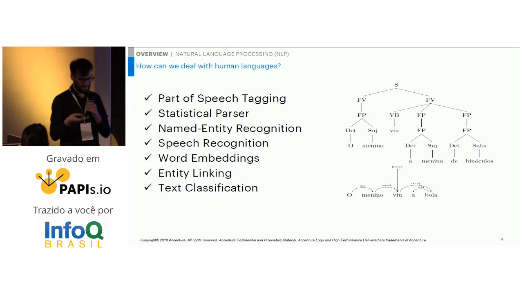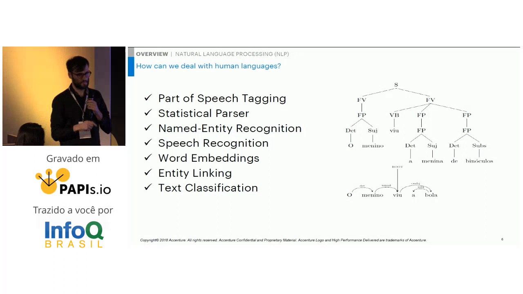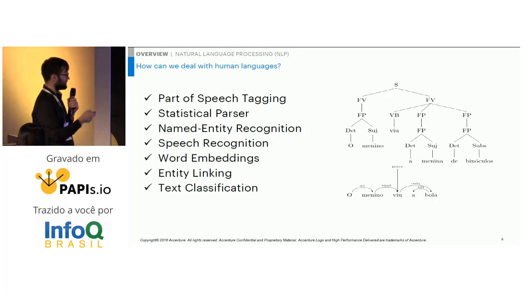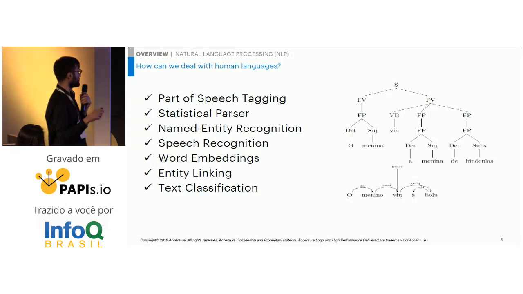You want to differentiate between São Paulo, the city, and São Paulo, the football club. If you want to do that, named entity recognition is probably what you want. So you can use features extracted from these two levels to feed a model in entity recognition.